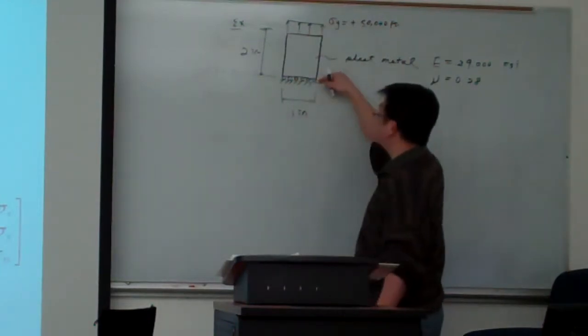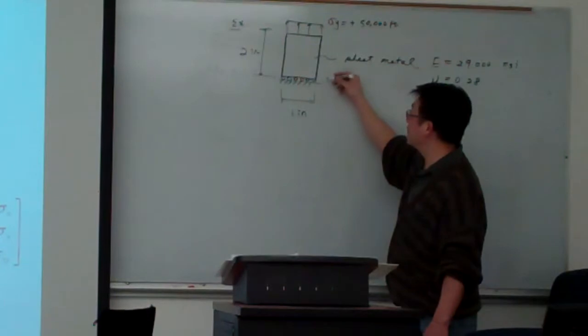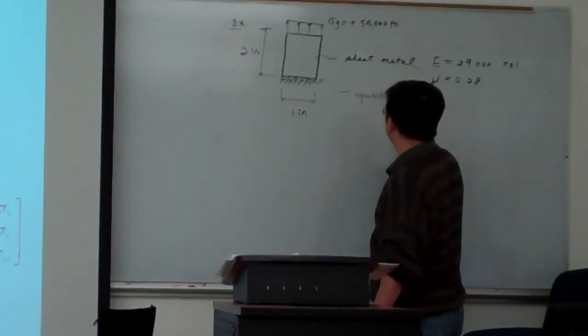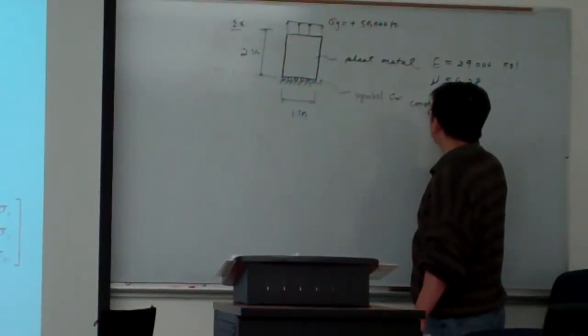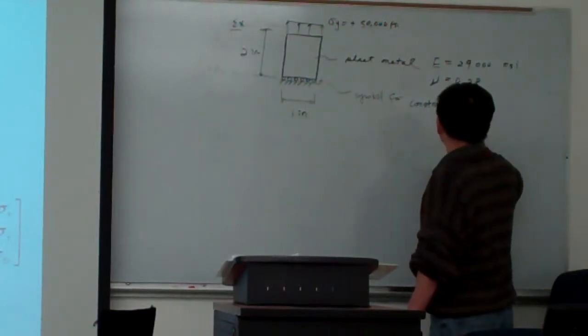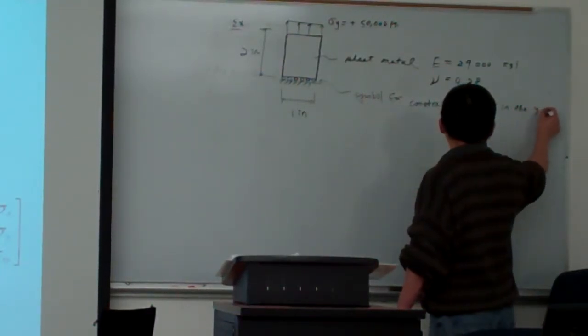The bottom side is a roller, and this is the symbol for constraining movement in the y direction.